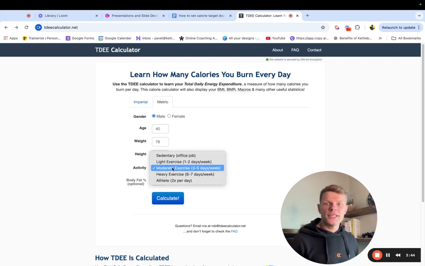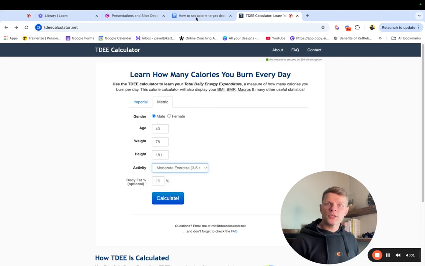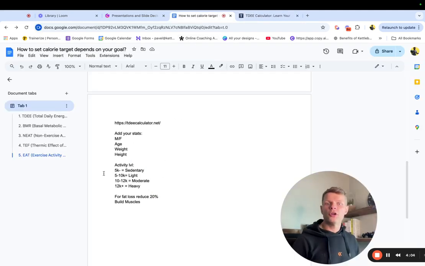When it comes to activity, it asks how often you train, and you might be training 3-4 times a week, but if you have a desk job in front of the computer day to day, you might not move as much through the rest of the day. That's why it's important to look into your steps and movement, how much you move through the day. If you on average move below 5,000, you're definitely sedentary.